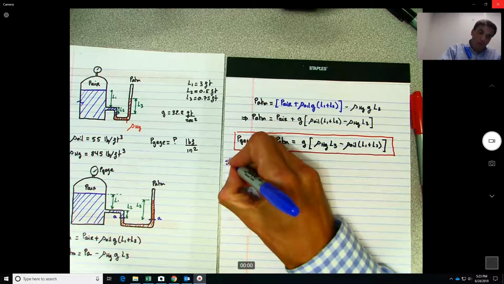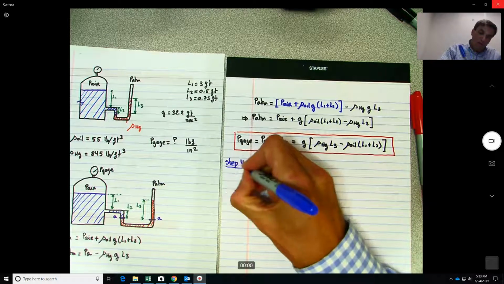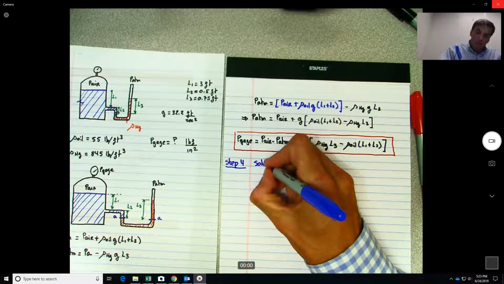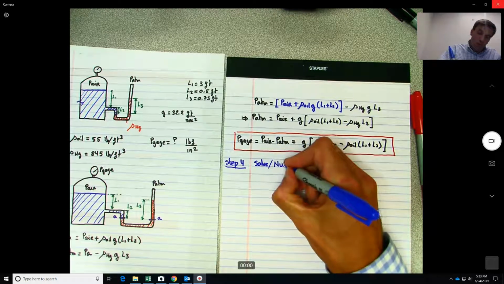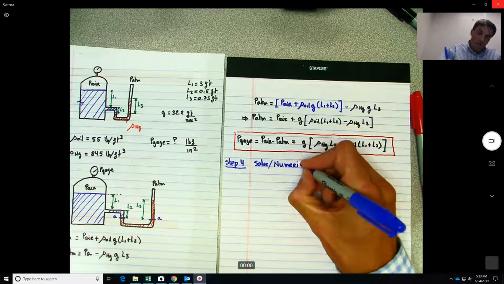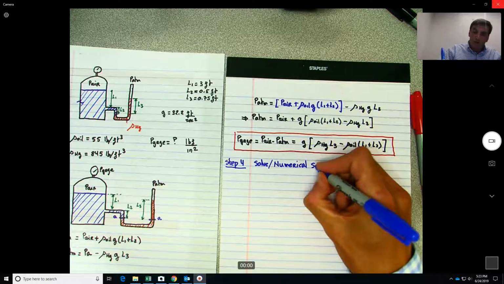So step 4, solve. This is also part of the solve, but let's just say numerical solution.